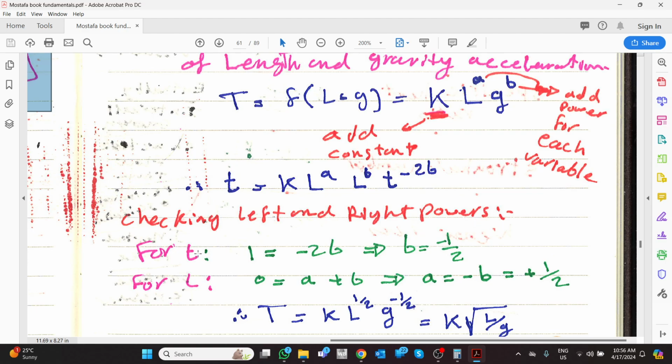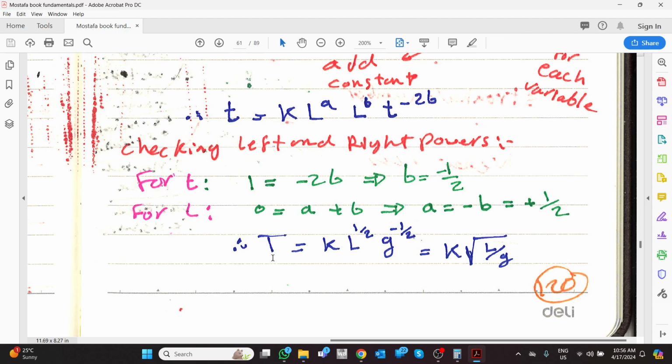In case of t, 1 equals minus B, so B equals minus half. For L also, 0 equals A plus B, so A equals minus B, so A equals half. So we can write T equals K L to the power half, G to the power minus half, which is K multiplied by square root of L over G. And this is a real expression.